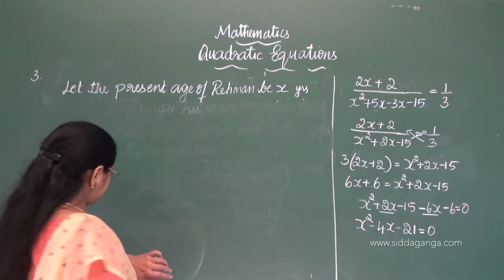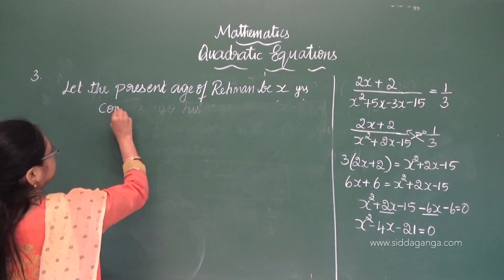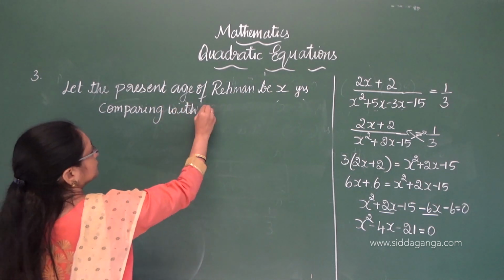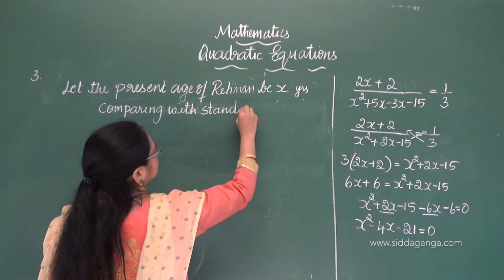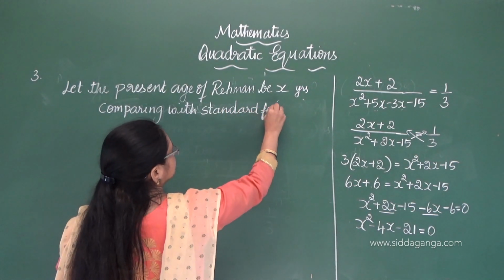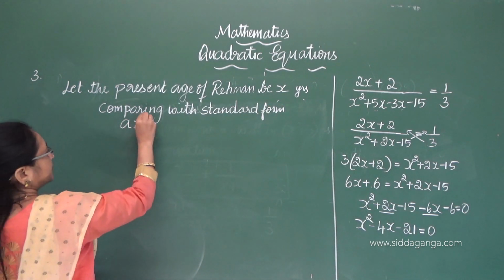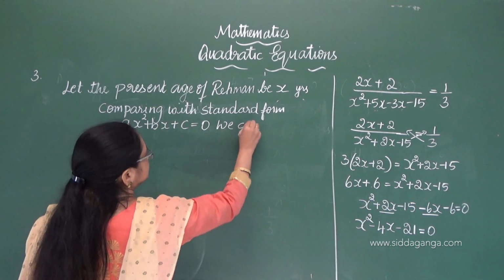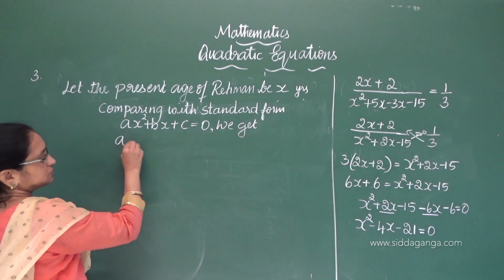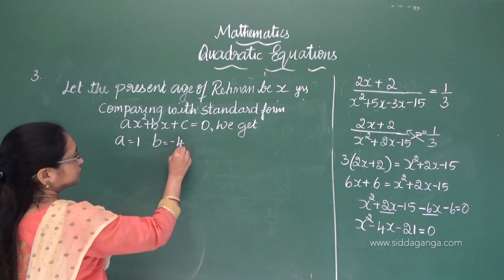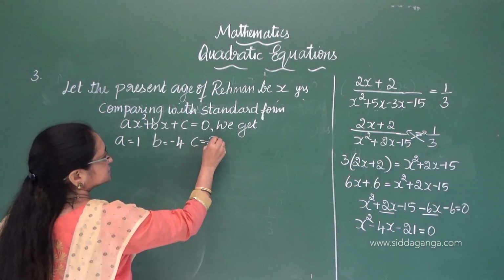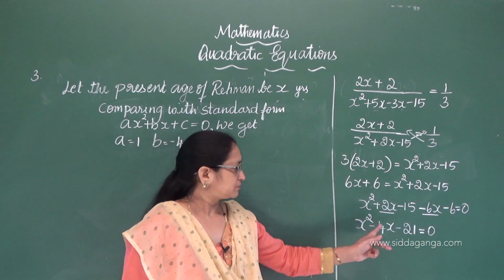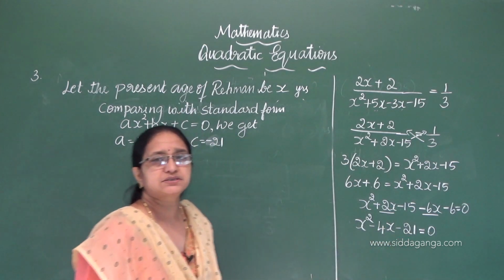So when you compare with the standard form, ax square plus bx plus c is equal to 0, we get a is equal to 1, b is equal to minus 4 and c is equal to minus 21.